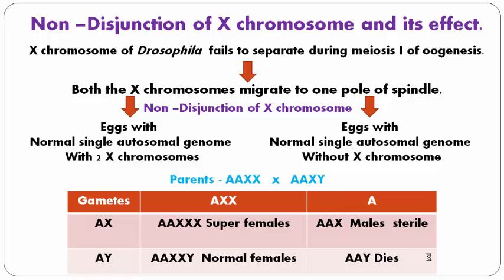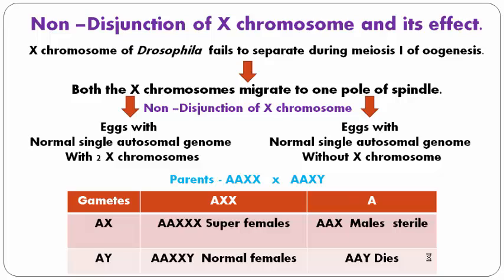A fly that receives three autosomal genomes and two X chromosomes has the sex ratio 3:3, and the fly will be intersex with sexual characteristics intermediate between the two sexes. It is possible to produce a super male like a super female.